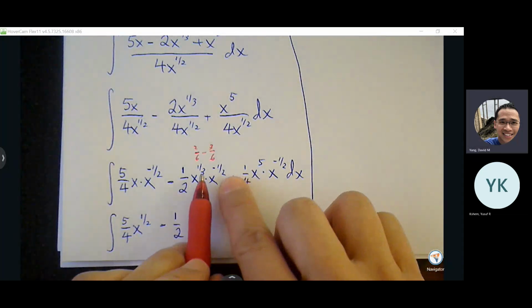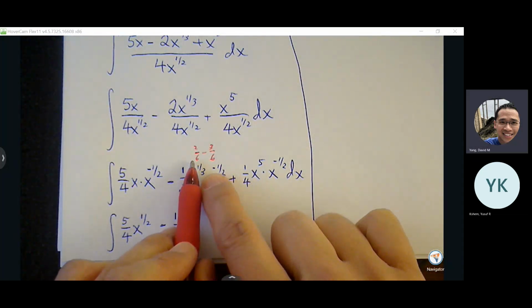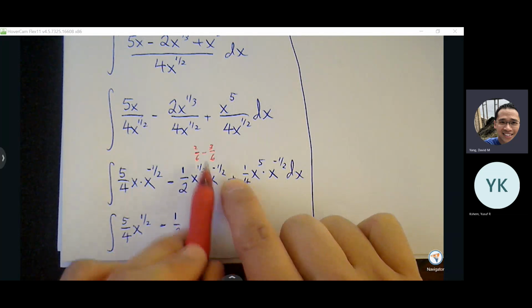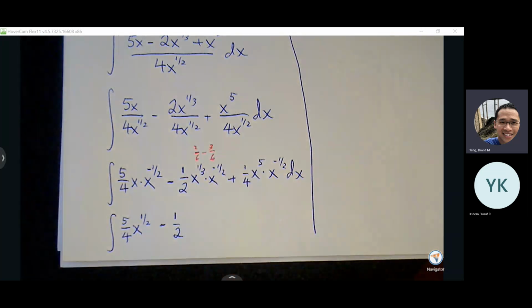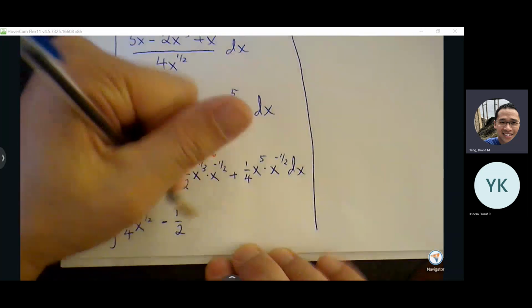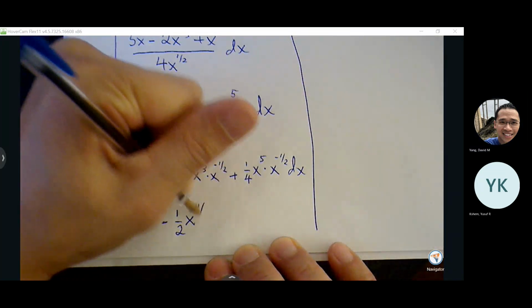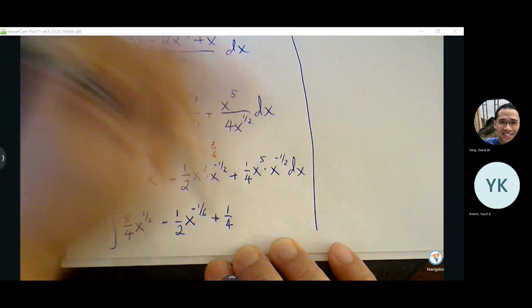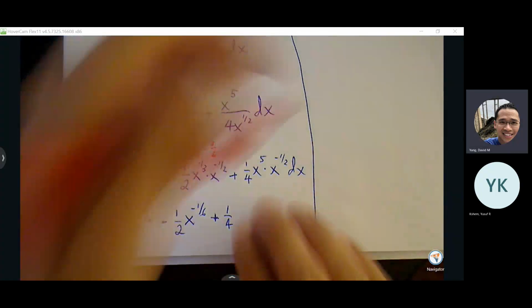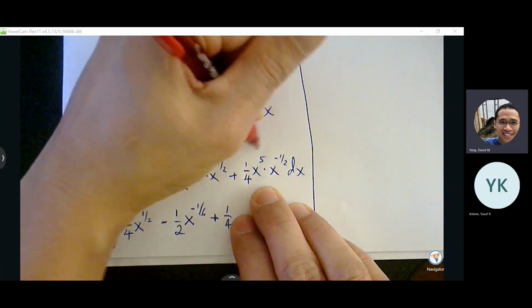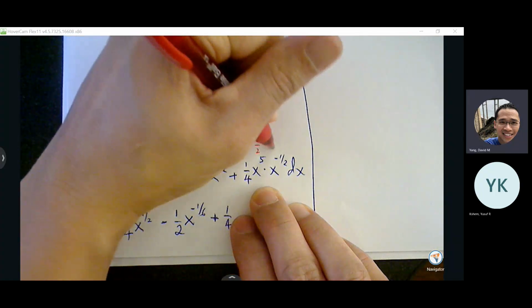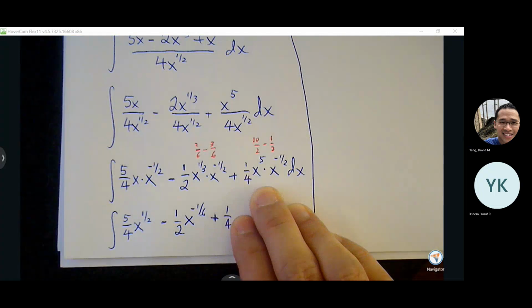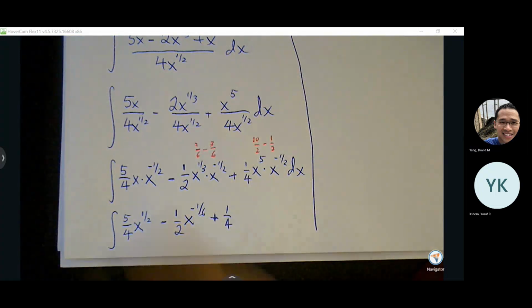Right? Common denominator 6. 2/6, same thing as 1/3. 3/6, same thing as 1/2. 2/6 minus 3/6 is negative 1/6. Five minus 1/2, that's the same thing as 10/2 minus 1/2, which is 9/2.